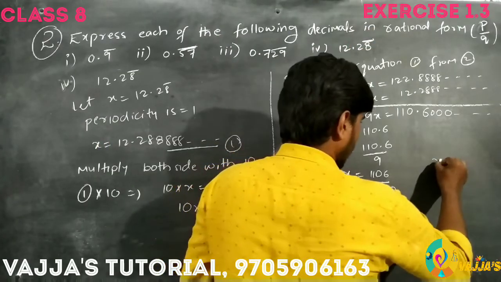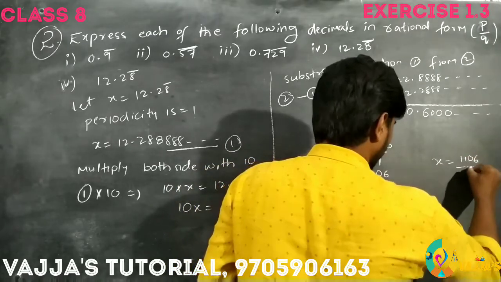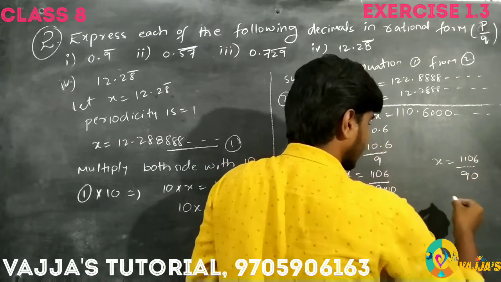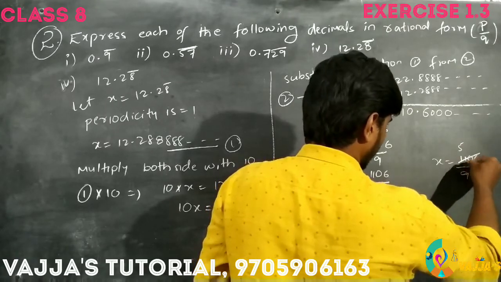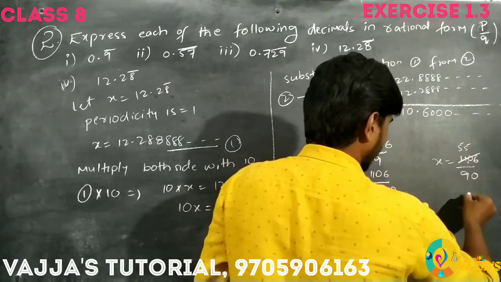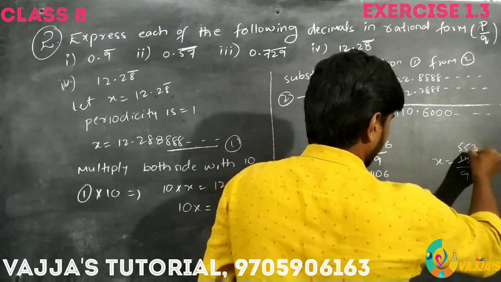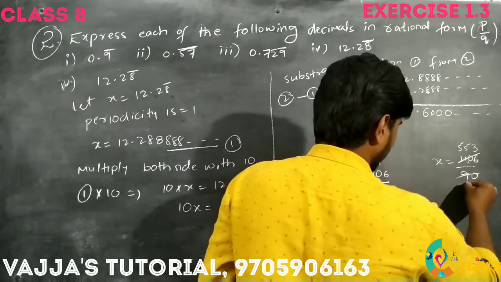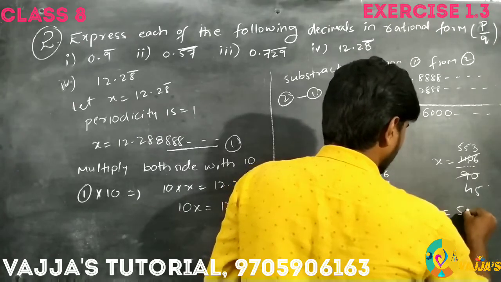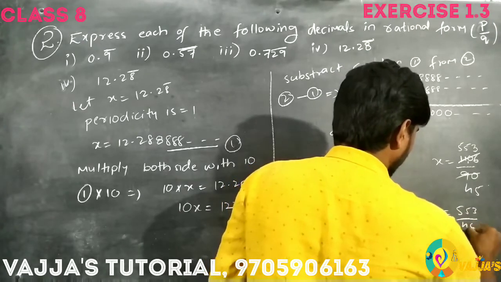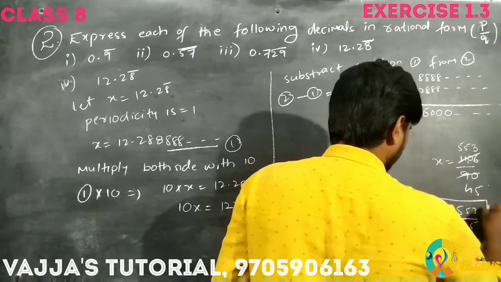Okay, so x is equal to 1106 by 90. It means we can cancel here. 2 5s are 10, 1 is remaining here, 2 5s are 10, and 2 3s are 6. Okay, and this one 2 45s are. So x is equal to 553 by 45 is the final answer.